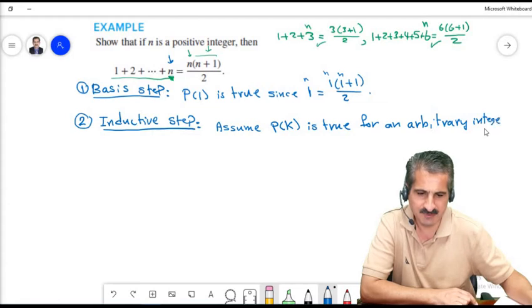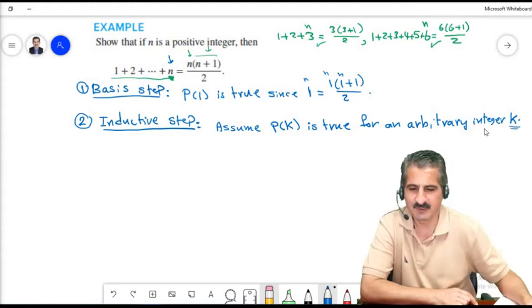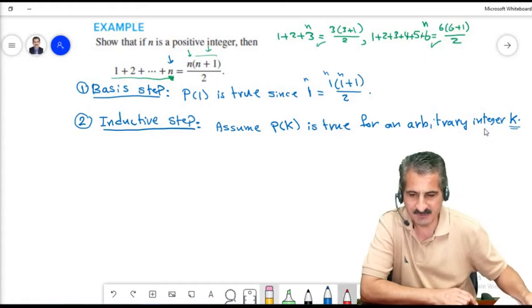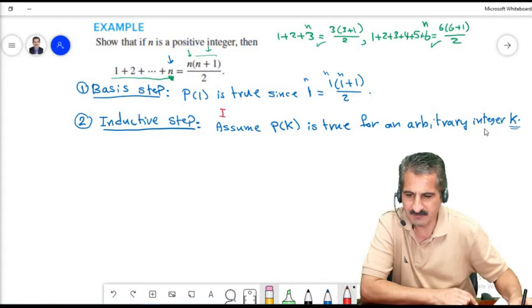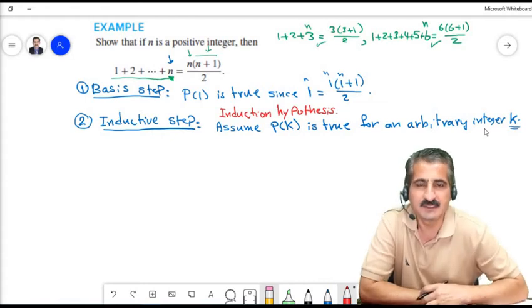Arbitrary means any number. Arbitrary integer K. Now this assumption is what we call the induction hypothesis.